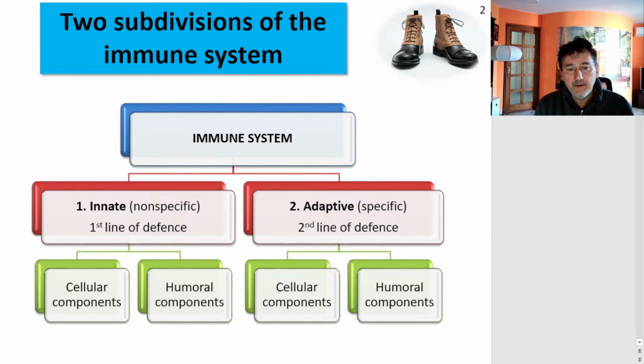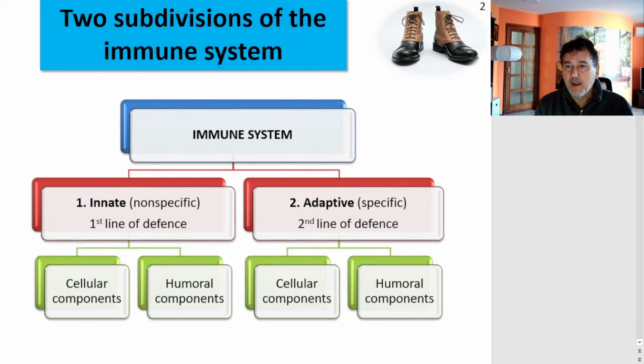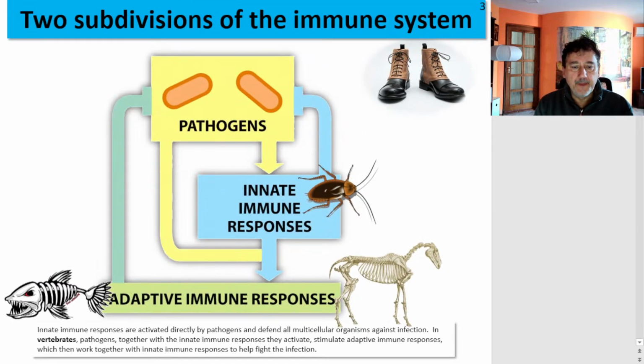In this lecture we will focus on the adaptive immune system, but we will also say some words about the non-specific immune system. Alright, so here you can see these two subdivisions again. We call the innate immune system the first line of defense.